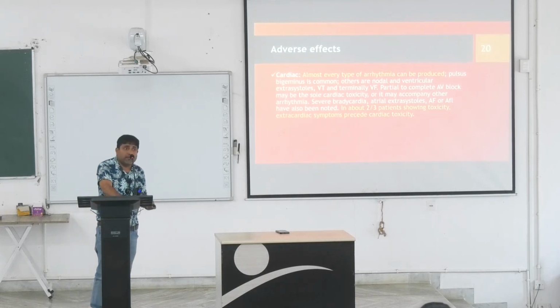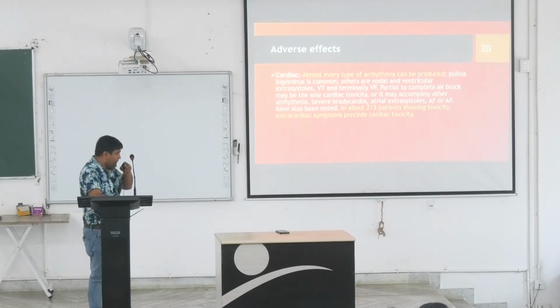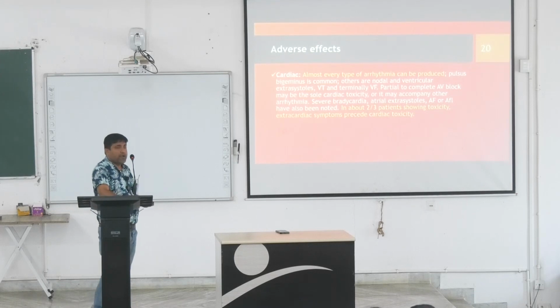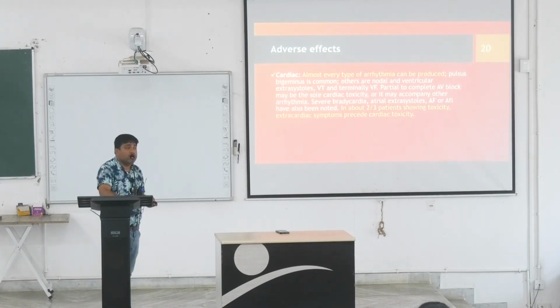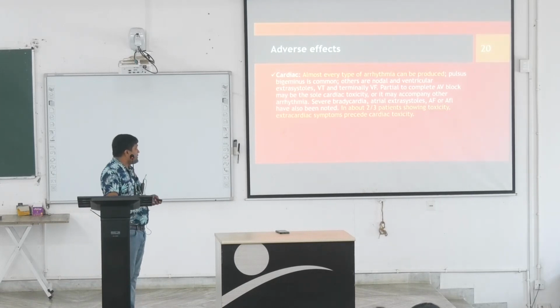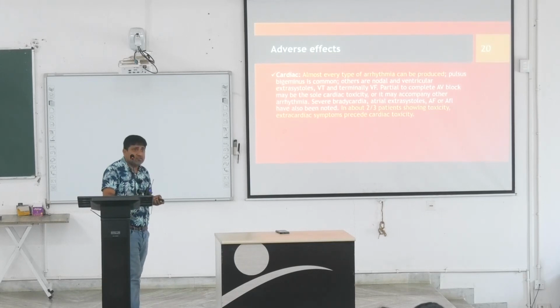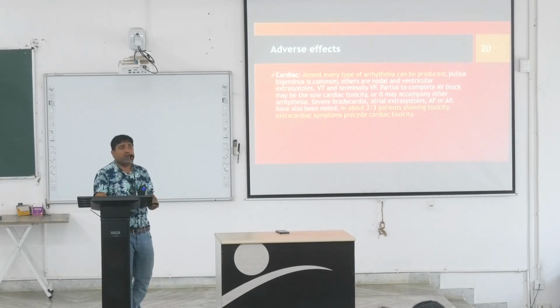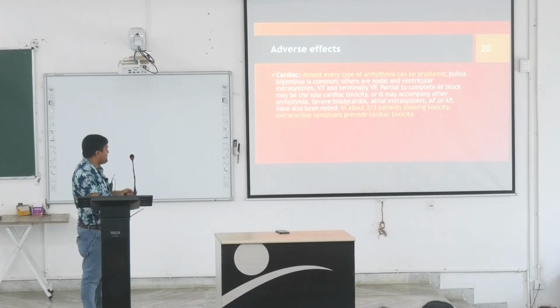Ventricular tachycardia may occur and may terminally shift to ventricular fibrillation. Partial to complete atrioventricular block may occur, or it may accompany other arrhythmia, severe bradycardia, atrial extrasystoles, atrial fibrillation, or even atrial flutter may occur.